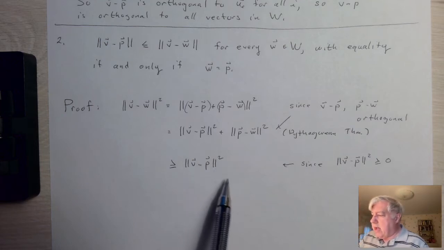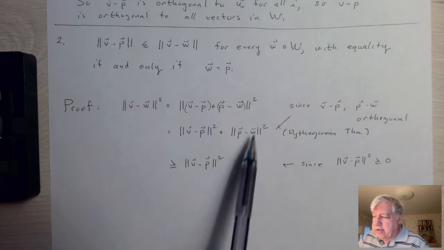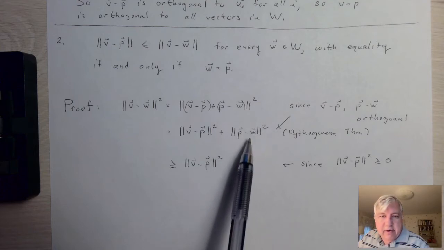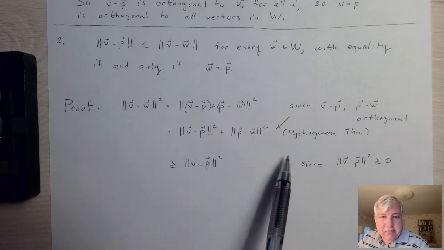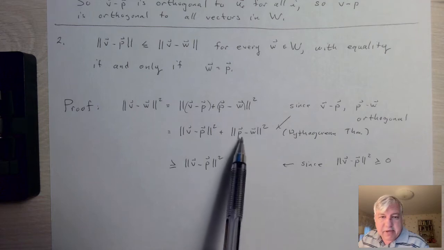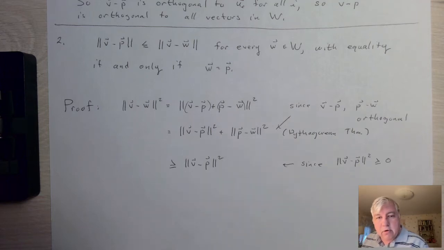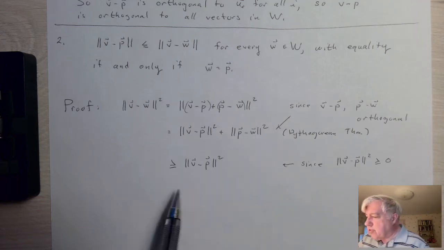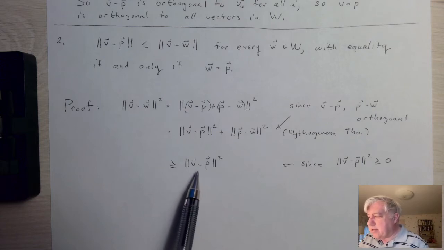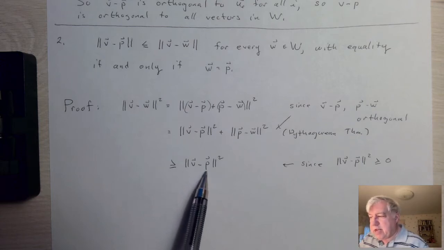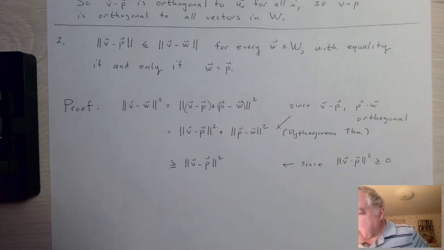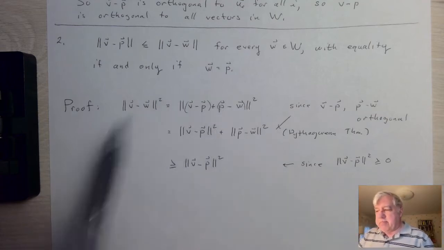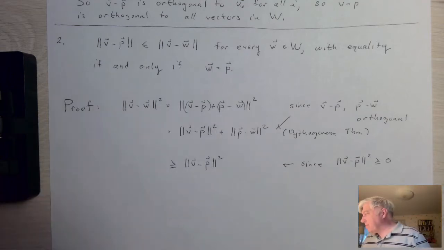The only way you'll get equality is if this is 0, and the only way this is 0 is if w is equal to P. So that shows this is the smallest it can be. So P, the projection, is the closest element in big W to little v.